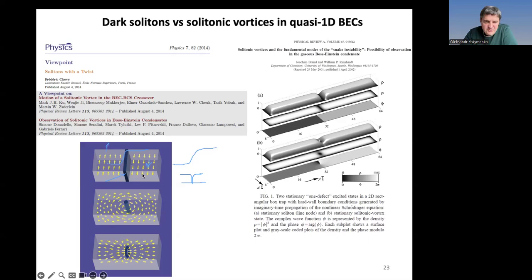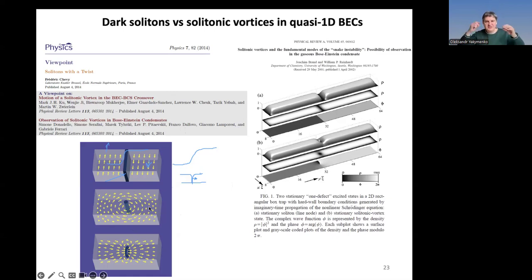But in experiments, they have seen the motion of this dark soliton, which was very far from theoretical expectations. So two different groups made parallel experiments, and they realized that it was not a dark soliton, it was rather a vortex, which can drift in this elongated trap.